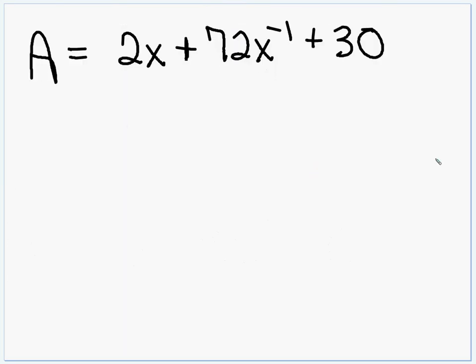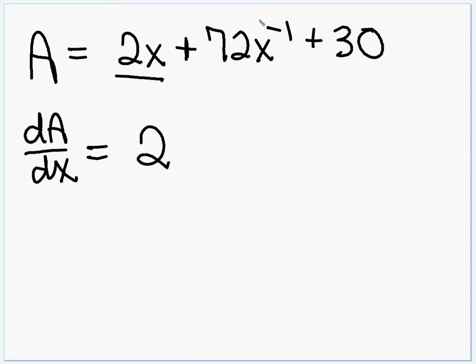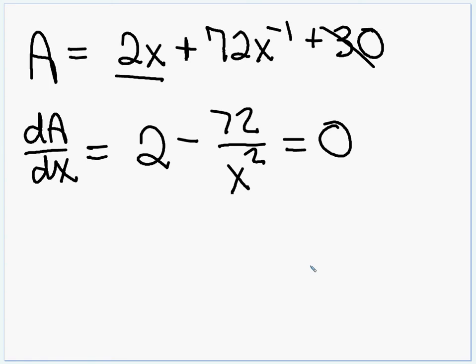Let's go. Derivative of area with respect to the x variable is derivative of 2x is 2. And then this will become minus 72x to the negative 2, so that'll become over x squared, and the 30 derives away. So there is our derivative. Let's set it equal to 0. And we'll add the 72 over x squared to each side.